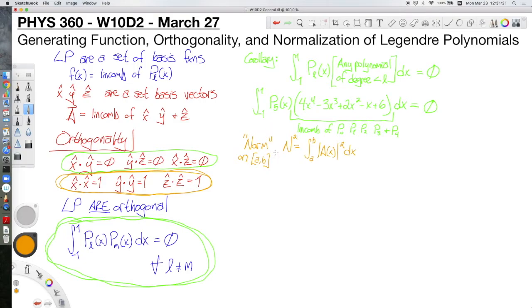So I need to make this clear. The norm of the function a of x on the interval a to b is n.